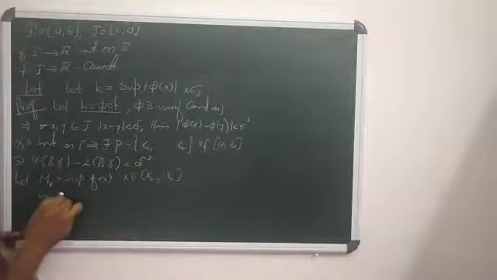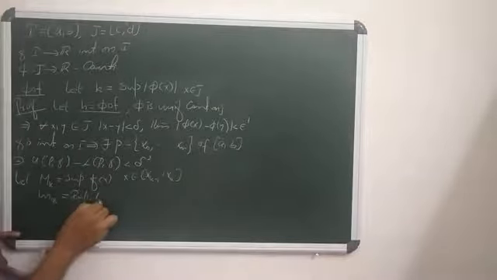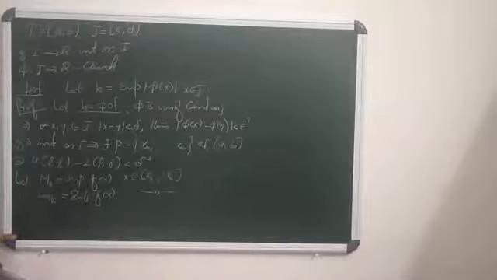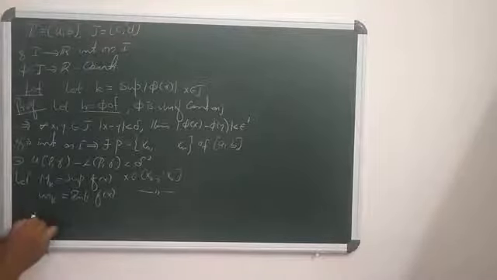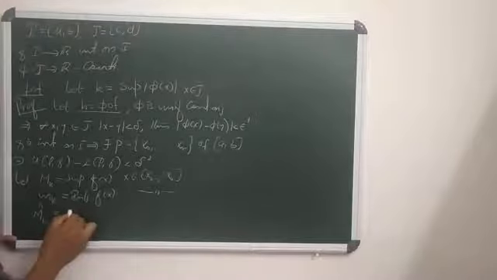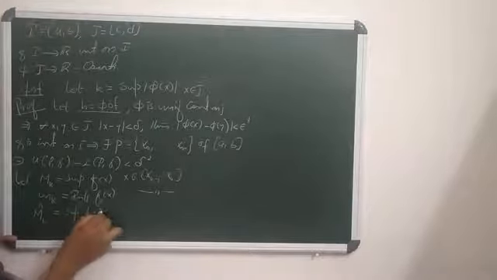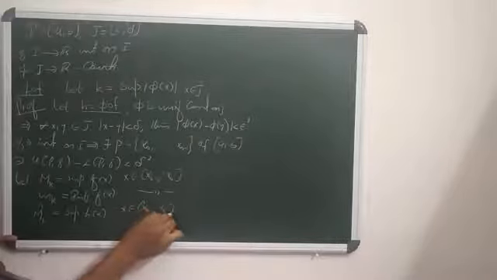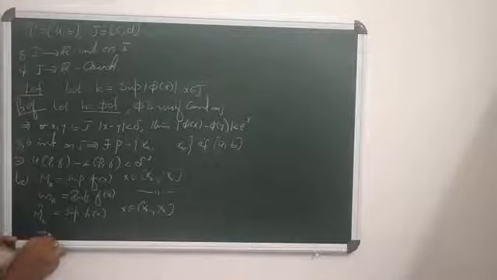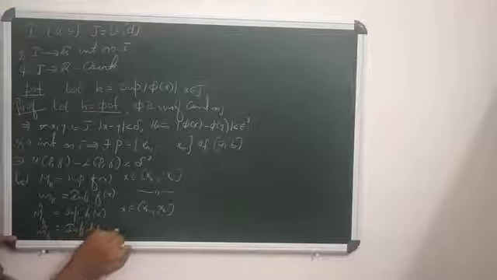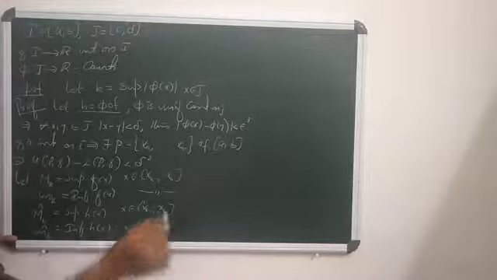Similarly, small m_k is the infimum of f(x) for all x in the closed interval [x_{k-1}, x_k]. Now we define M_k hat as the supremum of h(x), where x is in the closed interval [x_{k-1}, x_k], and small m_k hat as the infimum of h(x) for all x in this interval.